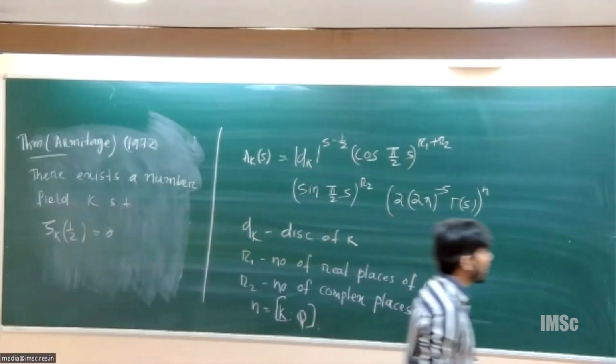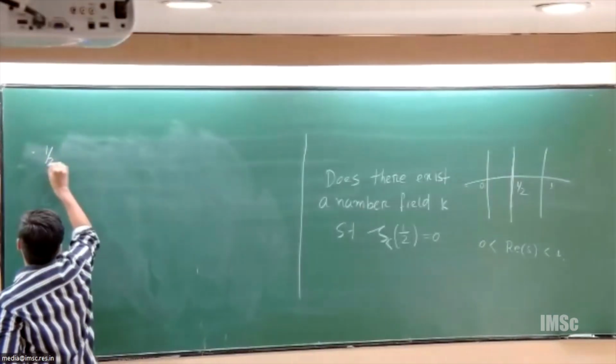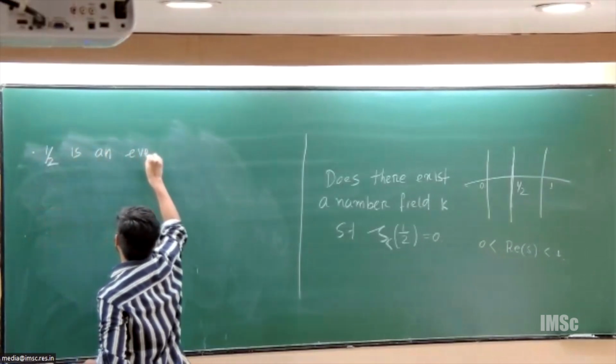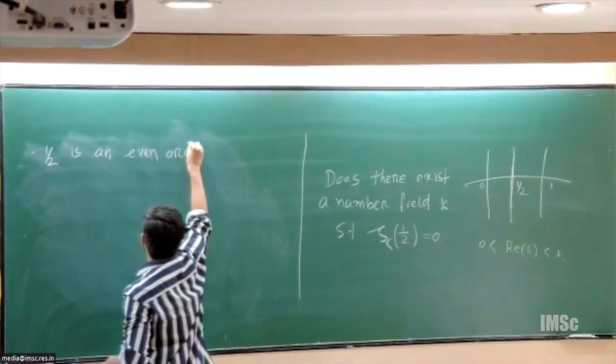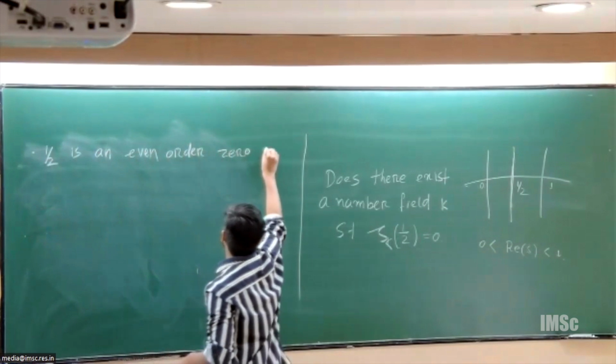So from the functional equation, we can say that half is an even order zero of zeta_K.